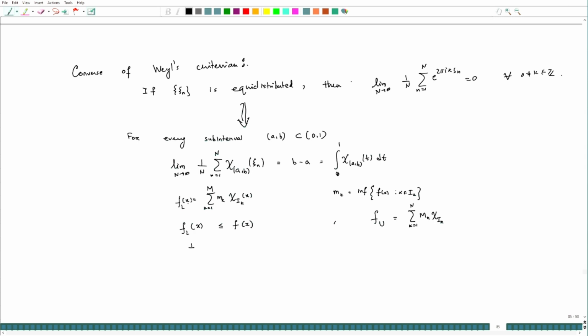The integral of f l is the lower sum, and the integral of f u is the upper sum.